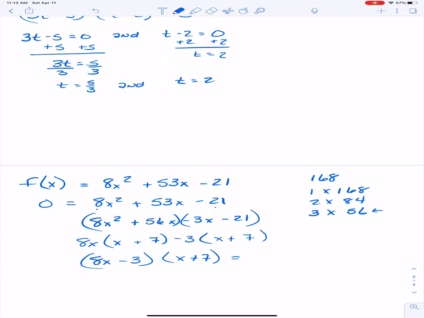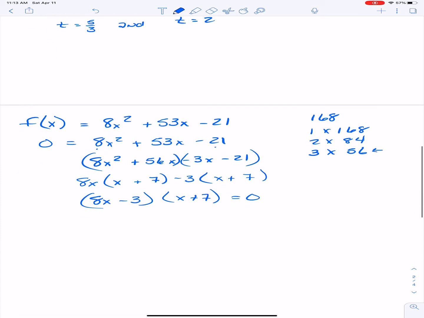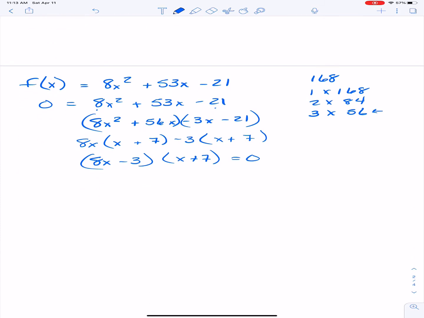And don't forget, we were asked to solve or find the roots of this function. So we set it equal to 0. And now we set up our two equations. 8x minus 3 equals 0. And x plus 7 equals 0. I'm going to solve this two-step equation. So 8x equals 3.